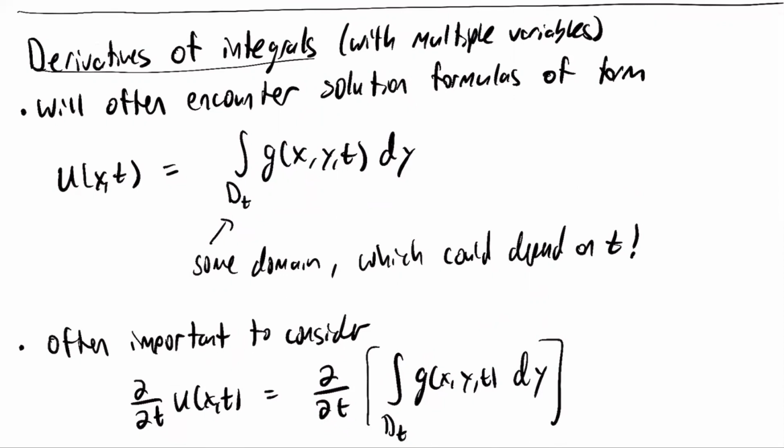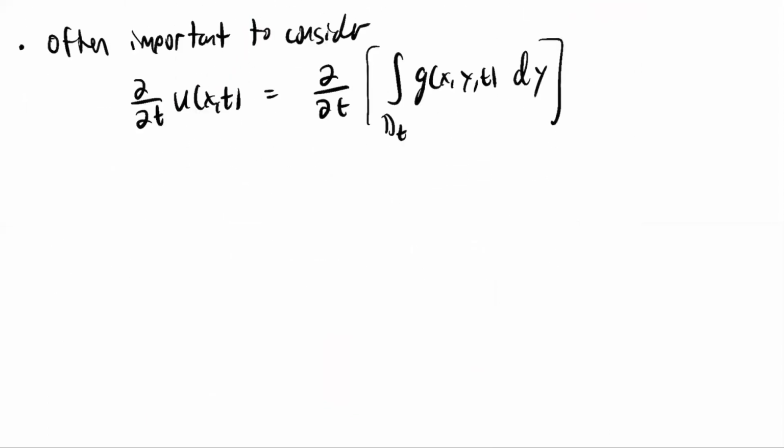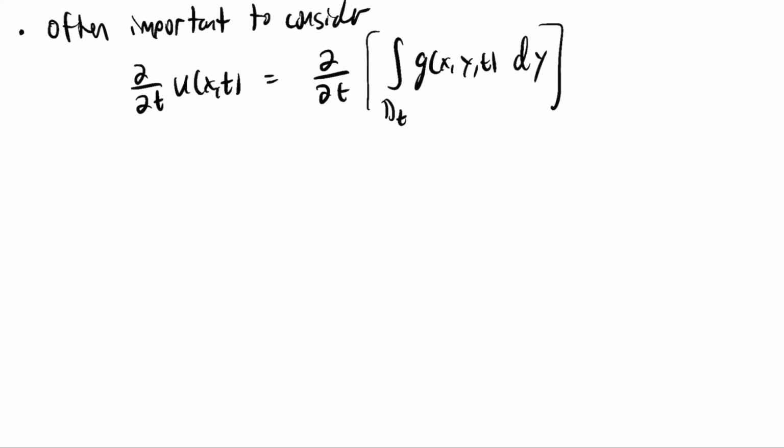Right. And so there are two different cases to worry about. The first case is the simpler case where the domain doesn't depend on time. Right. So your domain of integration does not depend on the variable you're differentiating with respect to.